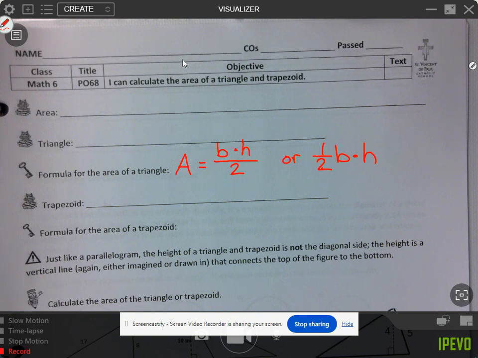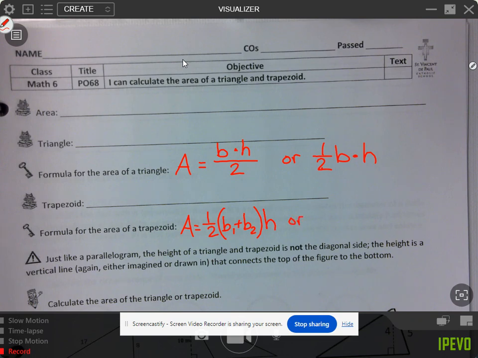Who remembers the formula for the area of a trapezoid? Zelda. The formula is A equals 1/2 times B, in parentheses, B1 plus B2, and out of parentheses is times the height.